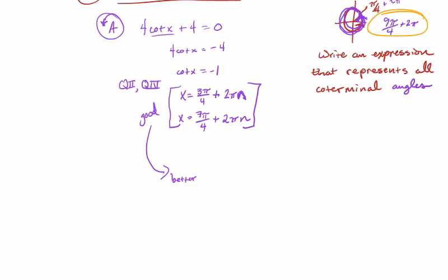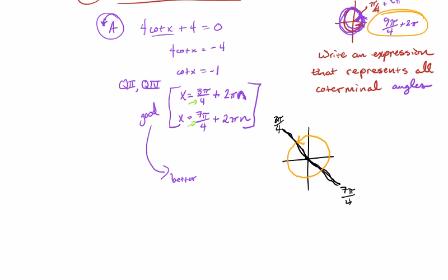What I want you to draw your attention to is that 3 pi over 4 and 7 pi over 4 are nicely separated. Here's 3 pi over 4, in the second quadrant, and 7 pi over 4 is in the fourth quadrant. So when you add 2 pi, say you're starting at 3 pi over 4, it goes all the way around.